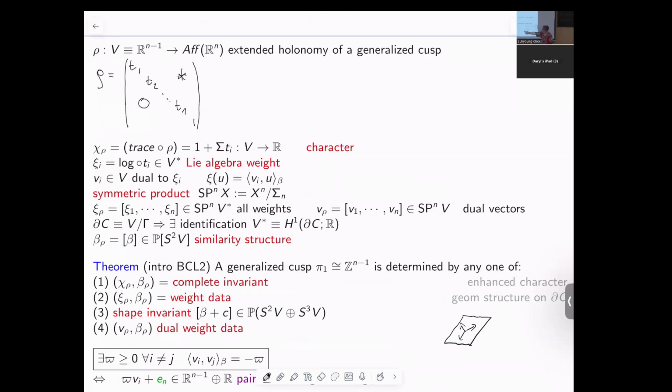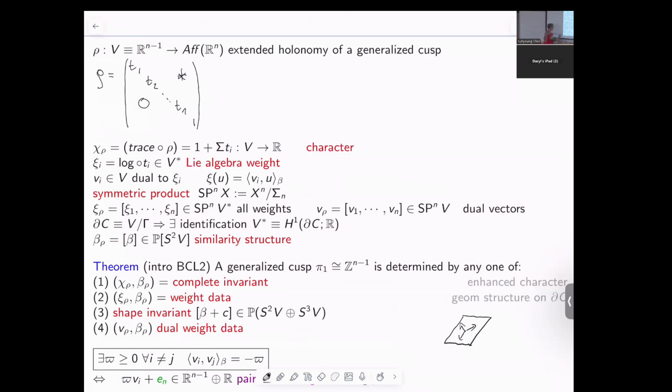The special property is that if you take a pair of distinct vectors, their inner product using the metric, the second fundamental form, is always the same. It's a certain negative constant. So depending on the cusp, there's some positive number varpi, and the inner product of every pair is negative that constant.